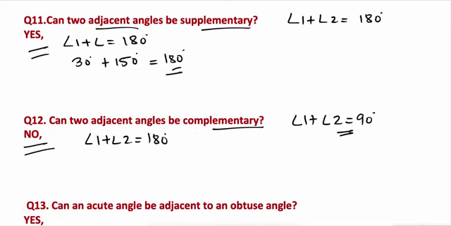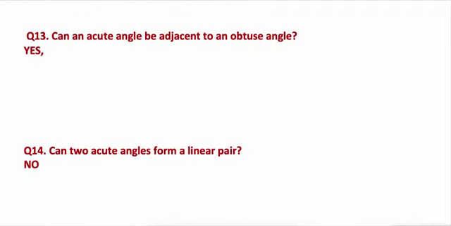Next question. Can an acute angle be adjacent to an obtuse angle? Let's see this. Suppose I make an acute angle of 30 degrees, and I make one obtuse angle from here of around 70 degrees.